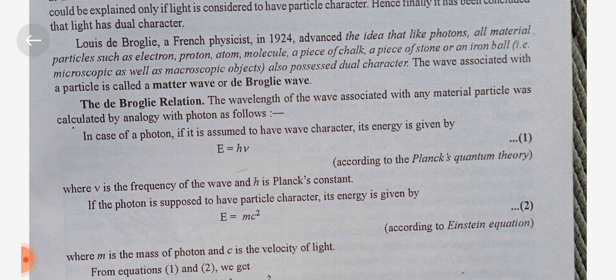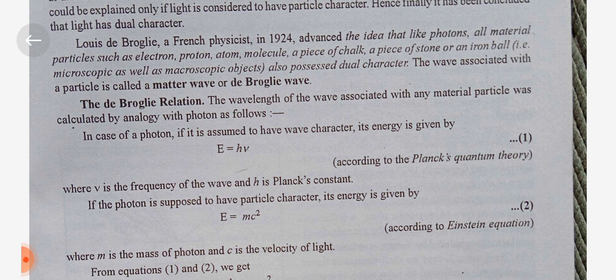The de Broglie relation. The wavelength of the wave associated with any material particle was calculated by analogy with the photon as follows. In case of a photon, if it is assumed to have wave character, its energy is given by E = hν, where ν is the frequency of the wave and h is Planck's constant.